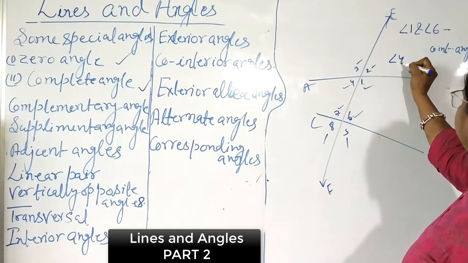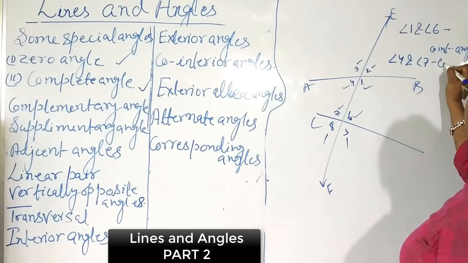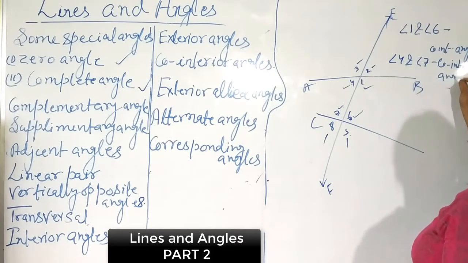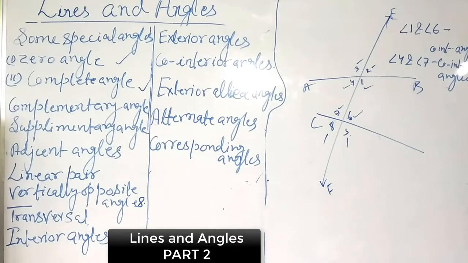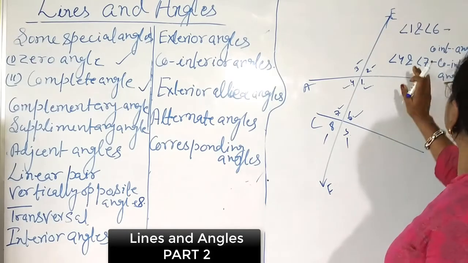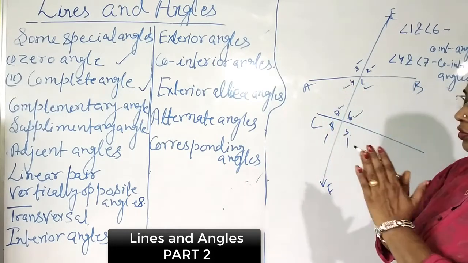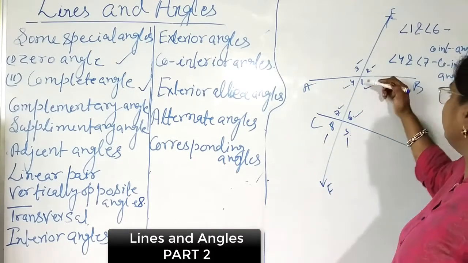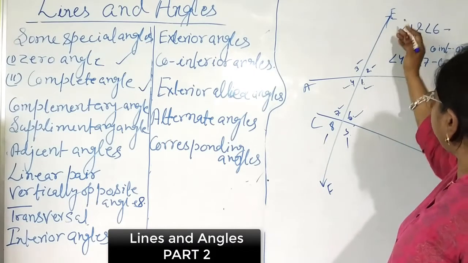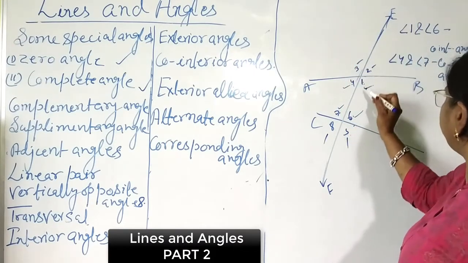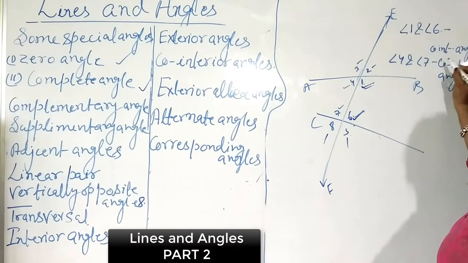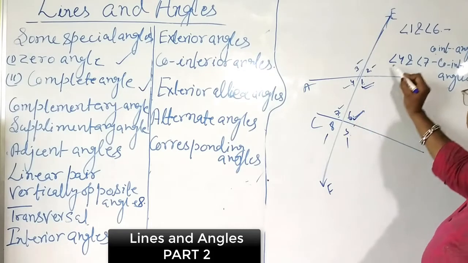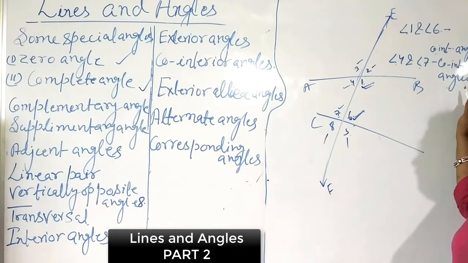In the same way, angle 4 and angle 7 are co-interior angles. That means 1 and 6 are inside the lines and on the same side of the transversal line. 1 and 6 are co-interior angles and 4 and 7 are also co-interior angles.